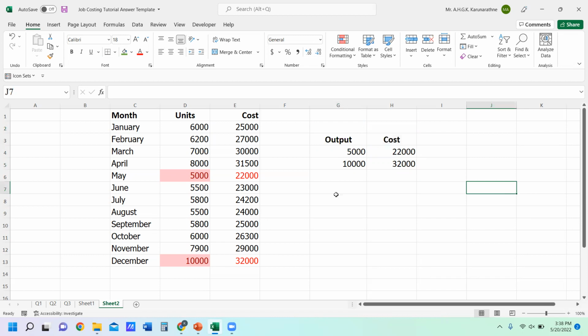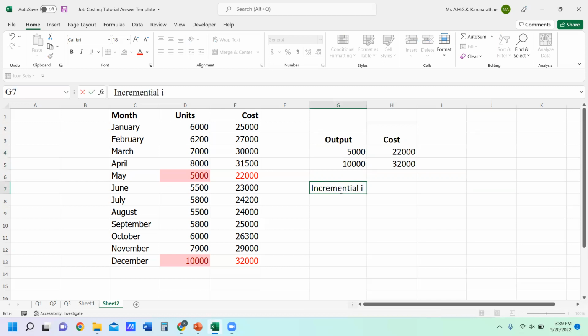So we can develop this relationship. When the entity increases its output level from 5,000 to 10,000, the incremental increase in the output is how much?